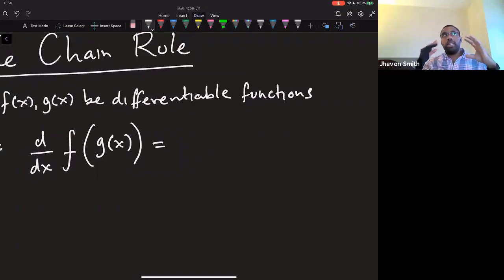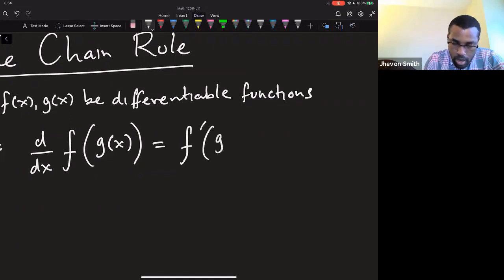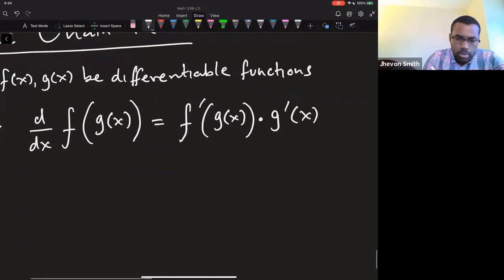You would differentiate the outer function, leaving the inside function alone at first, and then you're going to multiply that entire answer by the derivative of the inside function. We can express that this way: f prime of g of x times g prime of x.